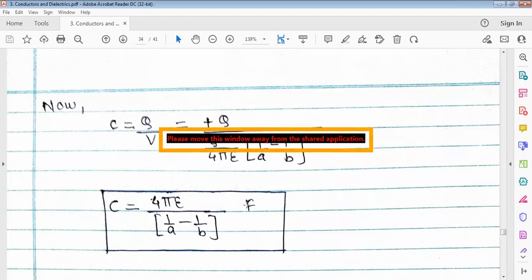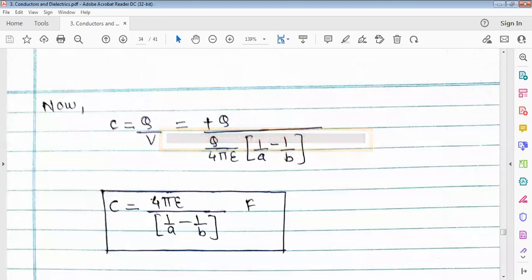Now this equation is also asked in examination, so everybody prepare for that. They can ask you as an MCQ question also, and on spherical there is one question. In GATE also they are asking. For both types of capacitance, the equations are different.